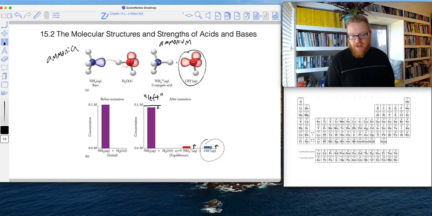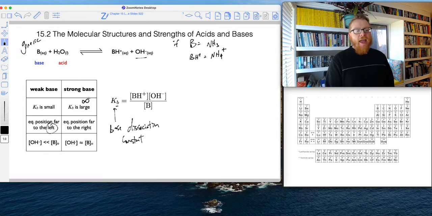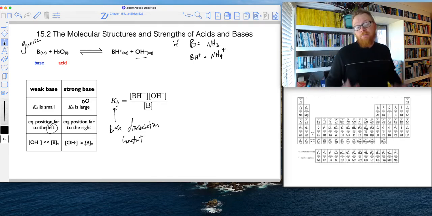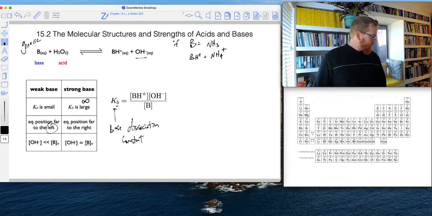The hydroxide concentration, as indicated by this blue bar, is much, much less than our B, our base concentration right here. And for the strong base, the hydroxide concentration will be basically equal to the initial base concentration because it dissociates completely.